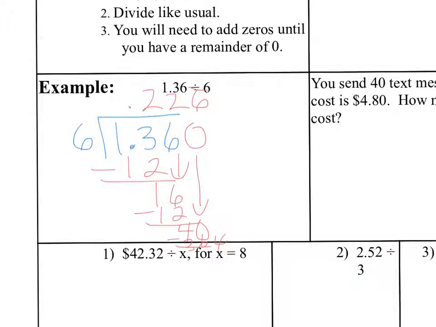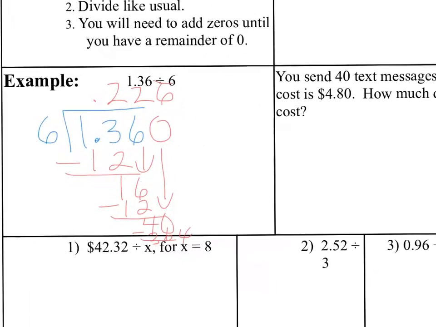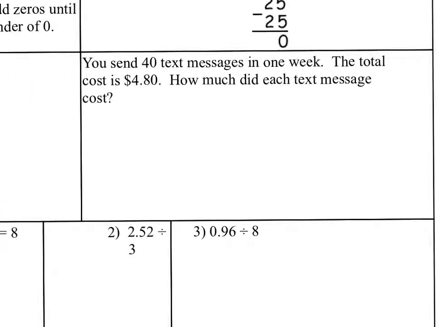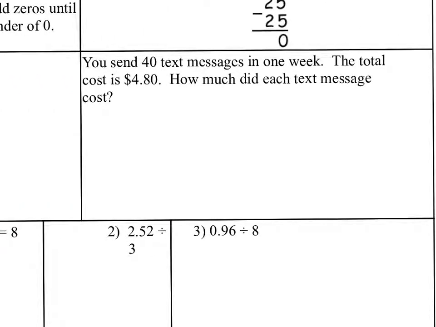Okay, let's look at the next one. You send 40 text messages in 1 week. The total cost is $4.80. How much did each text message cost? So we're going to divide $4.80 divided by 40. So you want to put the decimal straight up in the quotient.